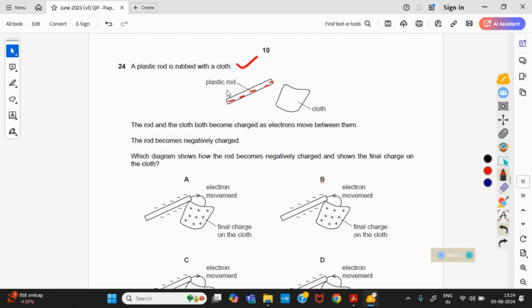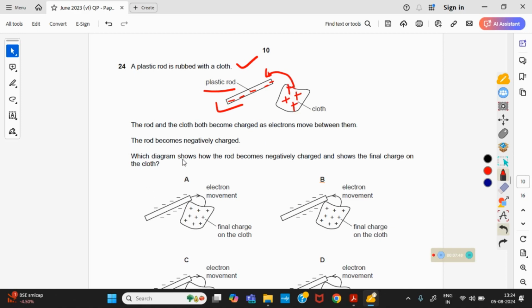If the rod has become negatively charged, then the cloth has become positively charged. It means some of the electrons from the cloth have left the surface of cloth, and these electrons get accumulated over the plastic rod. So the plastic rod has excess of electrons. So this is a negatively charged rod, and cloth has deficiency of electrons. So this is a positively charged cloth.